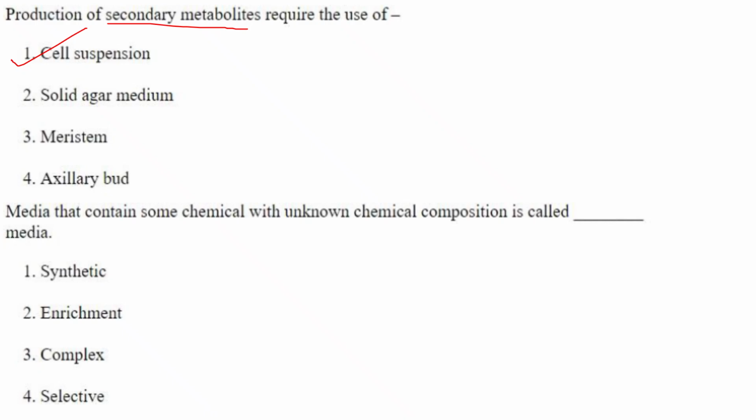Then media that contain chemicals of unknown chemical composition are called complex media, such as if you add coconut milk, coconut water or some fruit extracts to your tissue culture medium. You don't know the chemical composition or how much of hormones or other nutrients are present in coconut milk or other fruit extracts. You add that to the usual tissue culture medium so that it provides hormones, vitamins and minerals that can stimulate callus or root development.